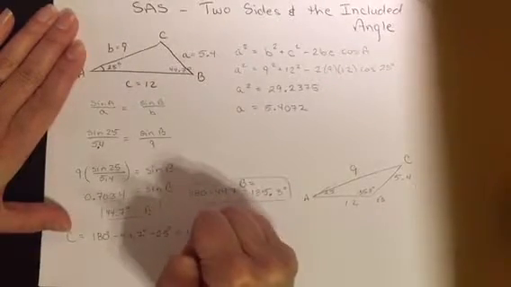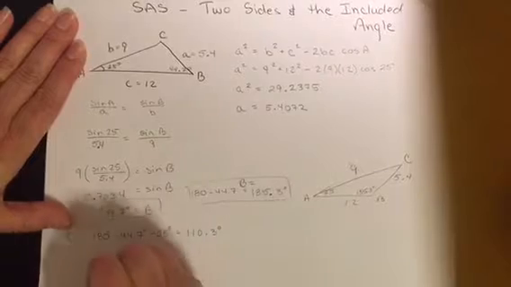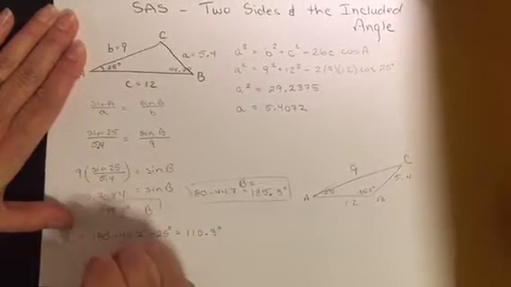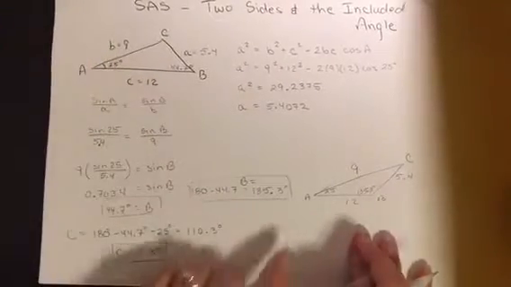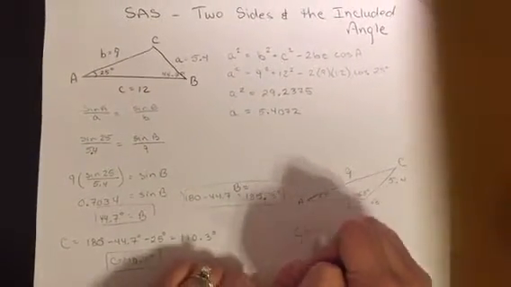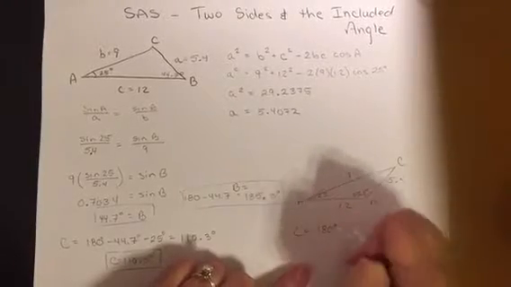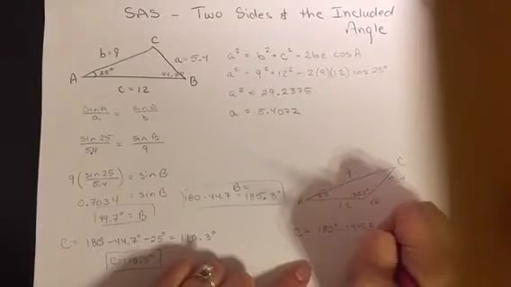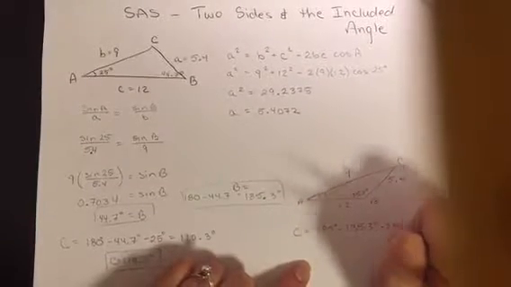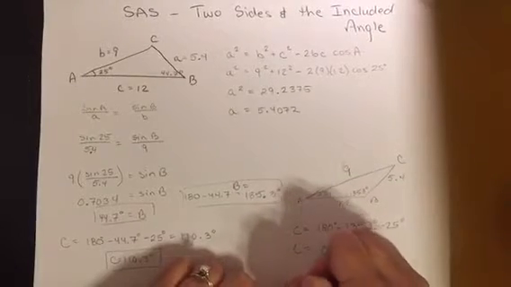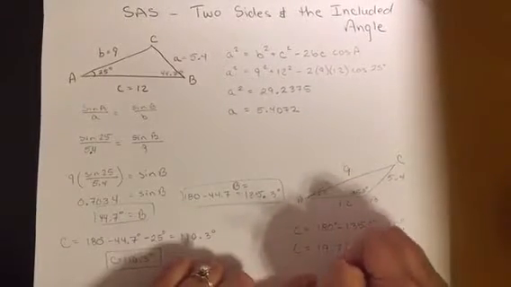So that's going to be 110.3 degrees. And then for this triangle over here, C equals 180 minus 135.3 degrees minus 25 degrees. And so this one, C equals 19.7.